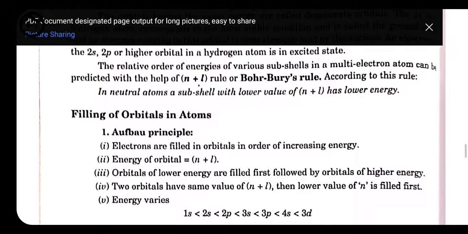First is the Aufbau principle. The Aufbau principle says that electrons are filled in the orbitals in order of their increasing energy. The orbital which has the lowest energy should be filled first, then the others.